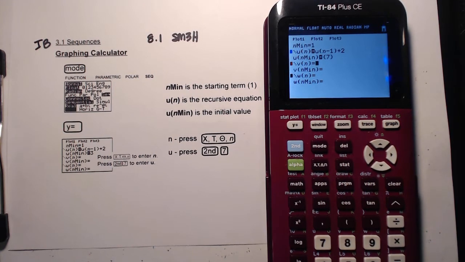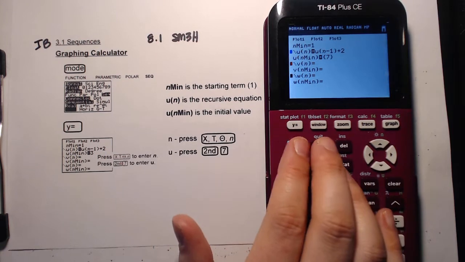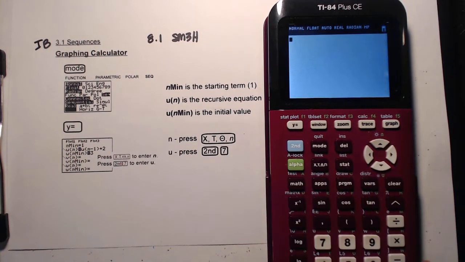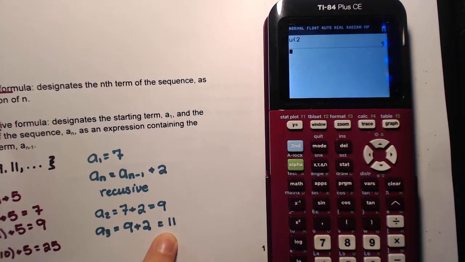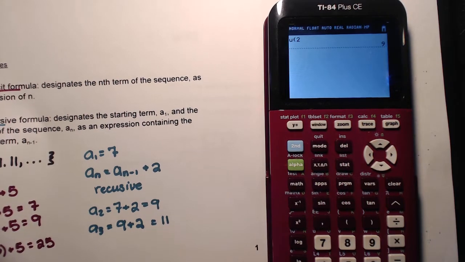Now, what this allows us to do is, if we go back to the main menu, identify different terms. So if I hit that second 7 again, that's the u, what term do I want? Do I want the second term? That gave me 9. So if I look back, 9. And our third term should give me 11.